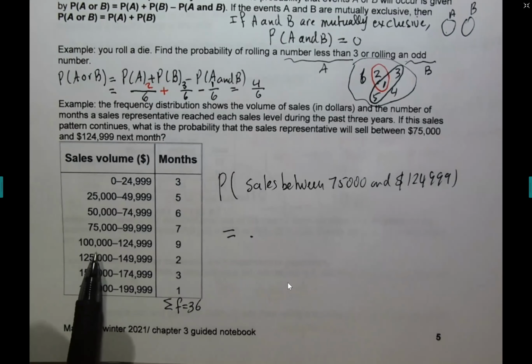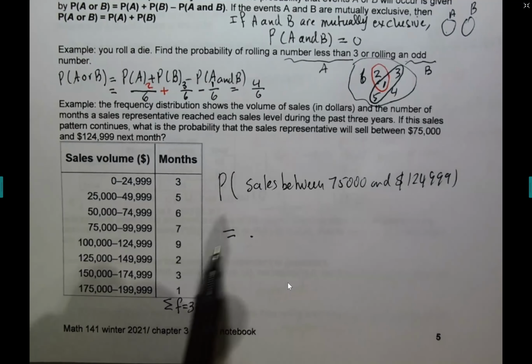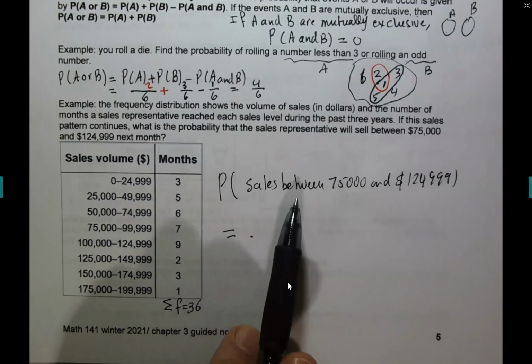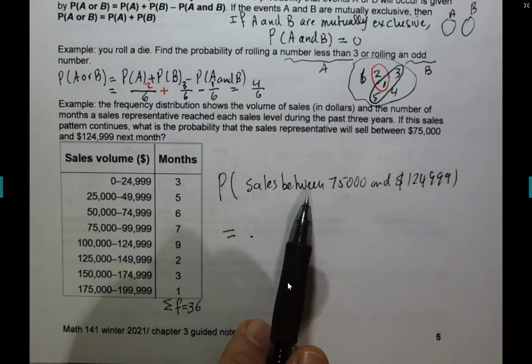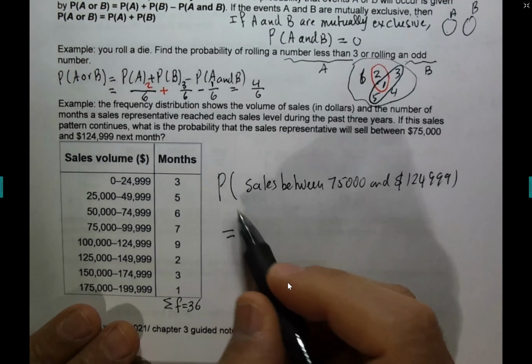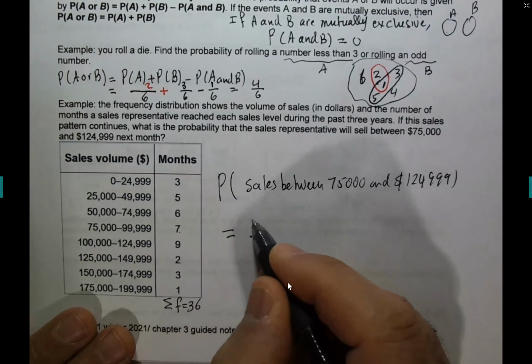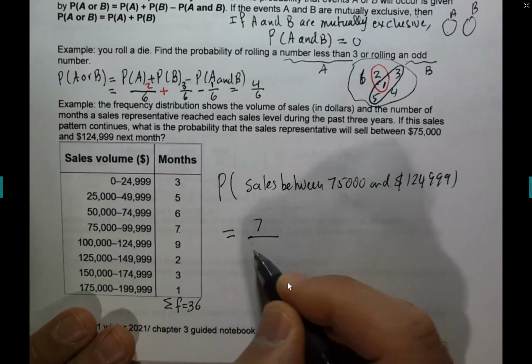Or your sales could be 100,000 to 124,999. So what do you think the probability that your sales could be from 75,000 to 124,999? So 16 out of 36. So it will be 7 over 36 if it is from 75,000.